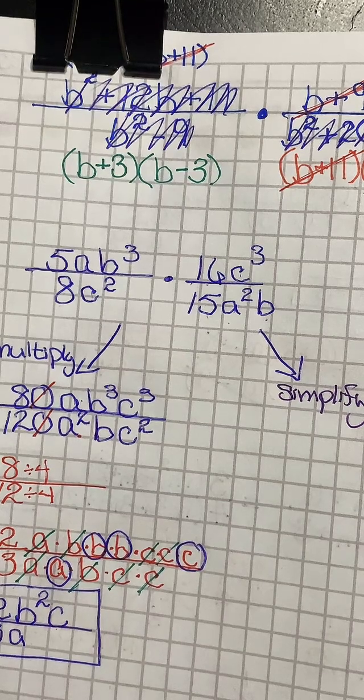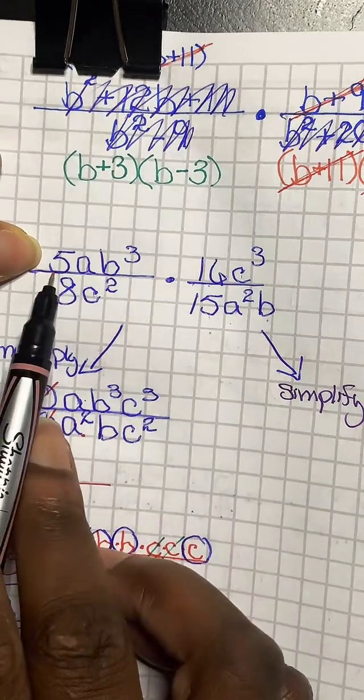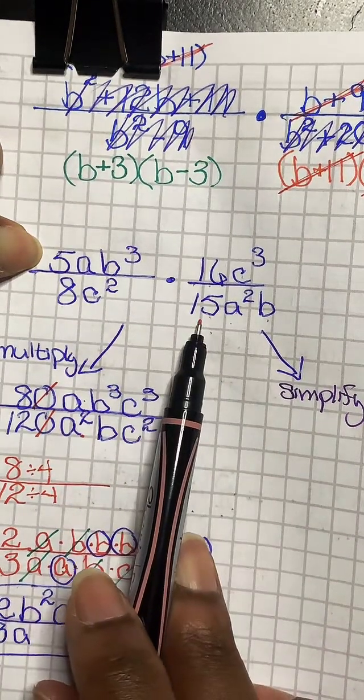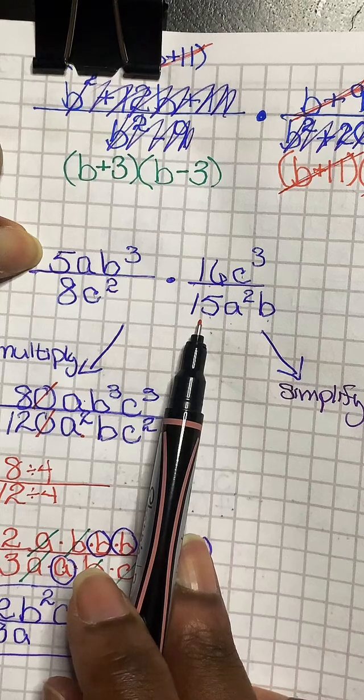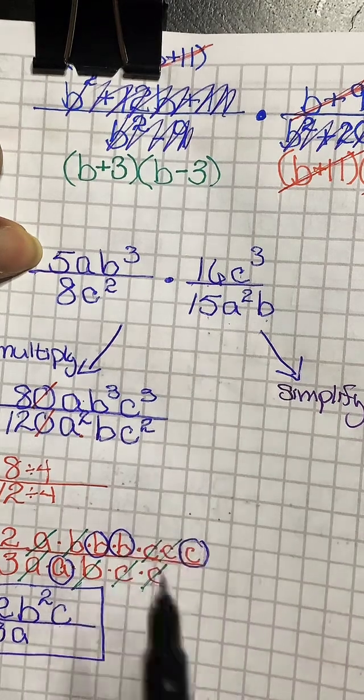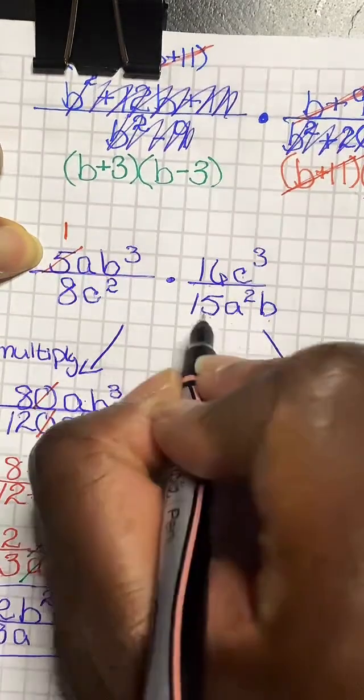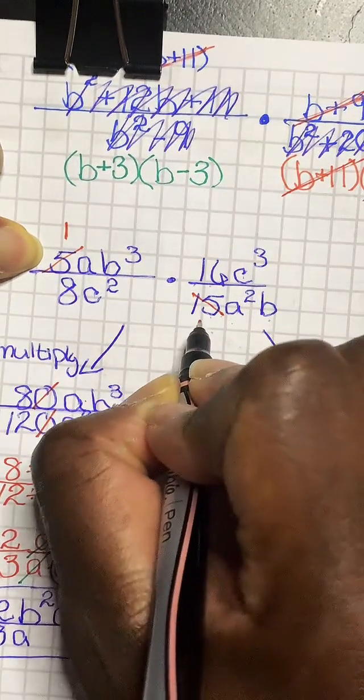So I notice that I have a 5 and a 15. 5 in the numerator, 15 in the denominator. They both have 5 in common. So 5 divided by 5 gives me 1, and 15 divided by 5 gives me 3.